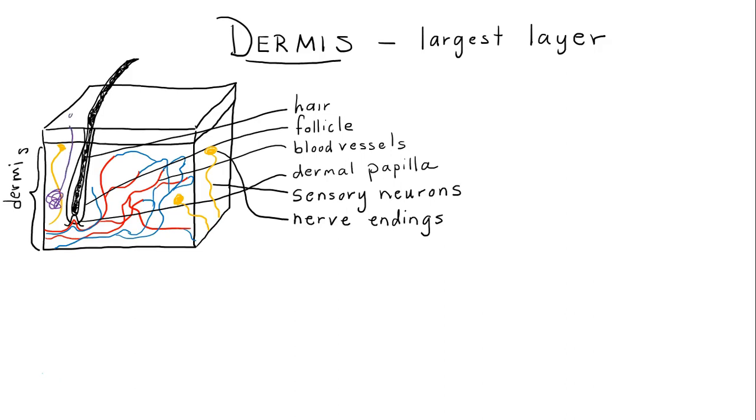And then you have these sweat glands, which are linked to the outside of the body and are producing sweat, which is going to protect you from overheating, to cool the body.